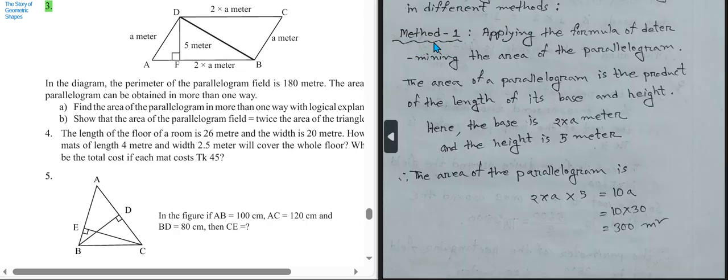Method 1. Applying the formula for determining the area of the parallelogram. It is a common formula. The area of a parallelogram is the product of the length of its base and height.